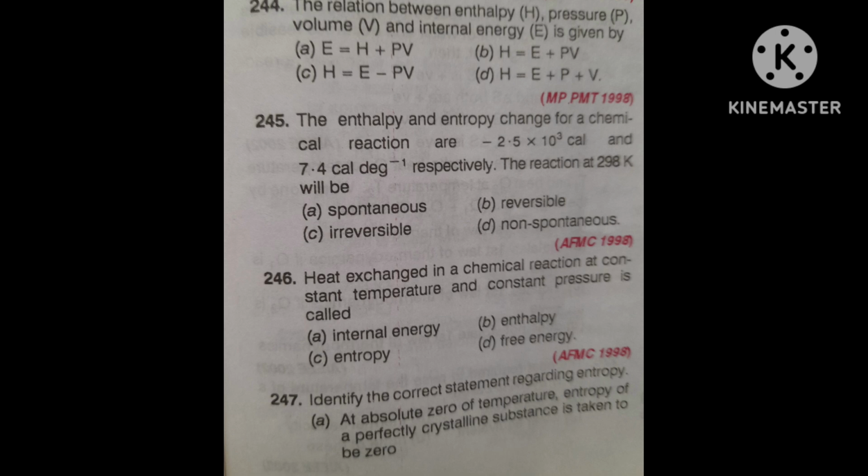Then pressure is constant here, at constant temperature and constant pressure. At constant temperature and at constant pressure, heat will be equal to Qp. Delta H is equal to Qp, where Q is heat at constant pressure.